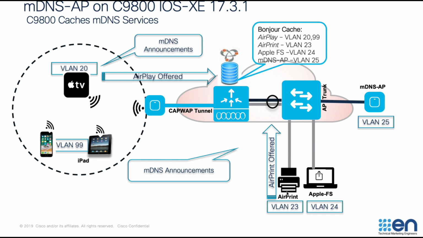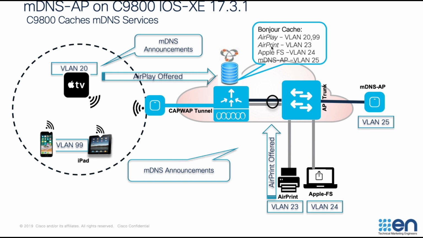We have AirPrint and Apple file system devices that advertise their services while wired connected to this switch. And then we have MDNS AP also tunneling the services from a different subnet into the wireless controller, and all these services are being cached on the Catalyst controller.